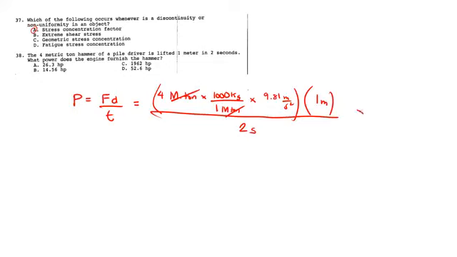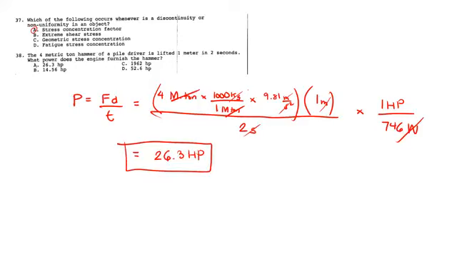So convert natin, times 1 HP per 746 watts, Newton-meter per second is watts. Maka-cancel to. Watts kasi lahat to. So ang sagot dito is 26.3 HP. The answer is letter A.